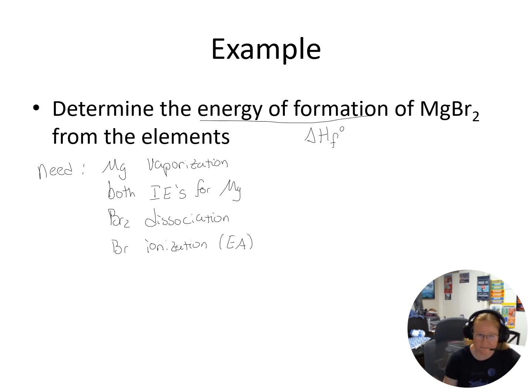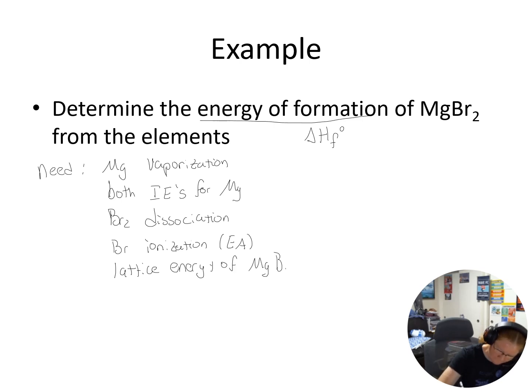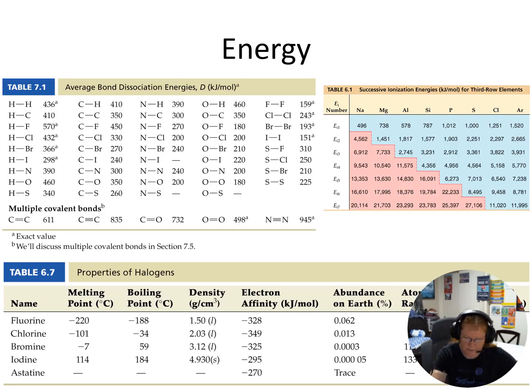Okay, the electron affinity for bromine, and then the lattice energy of magnesium bromide. Okay, so here I have some bond dissociation energies, I've got ionization energies, I've got electron affinities, okay, and then lattice energies.